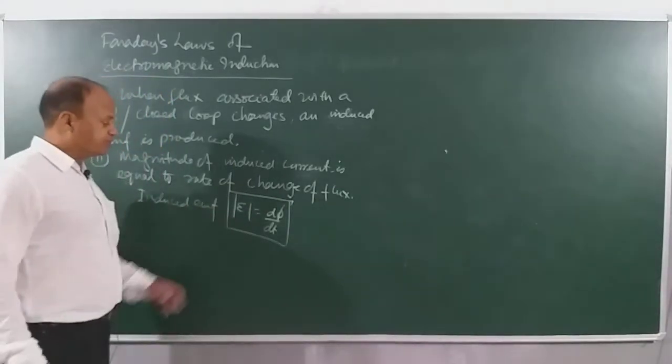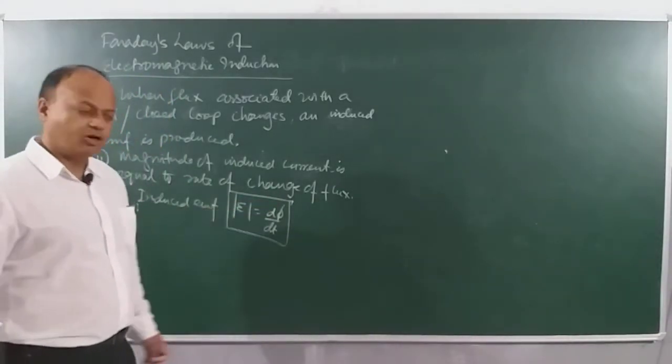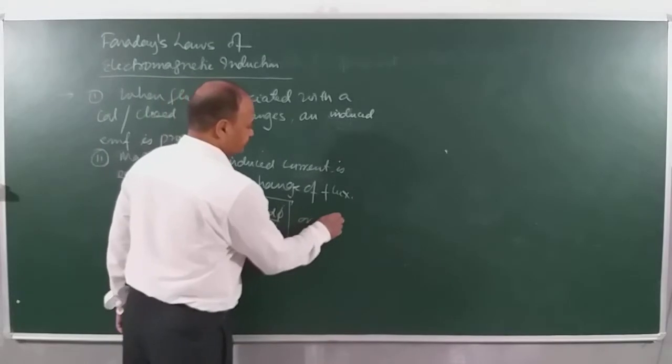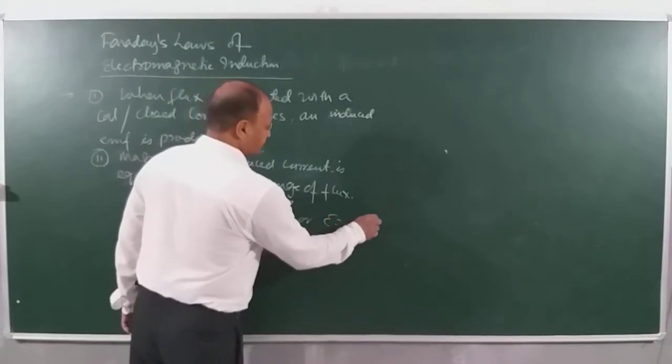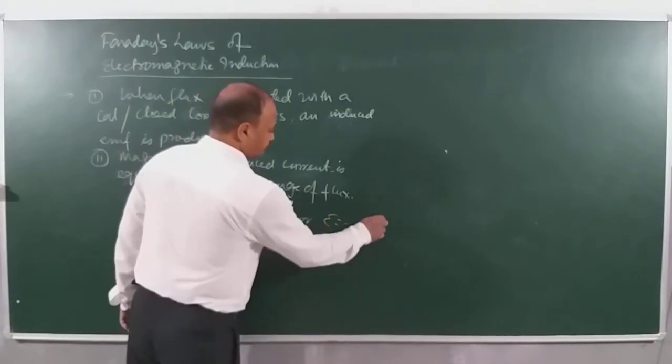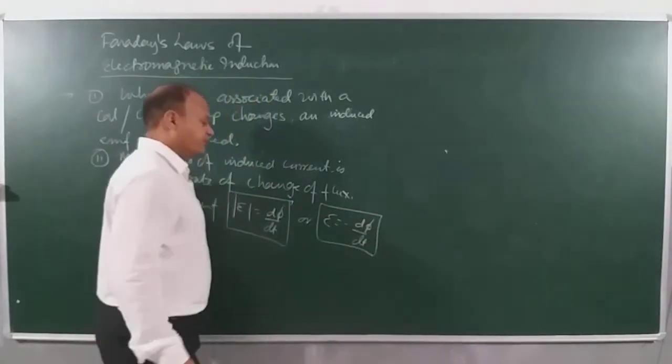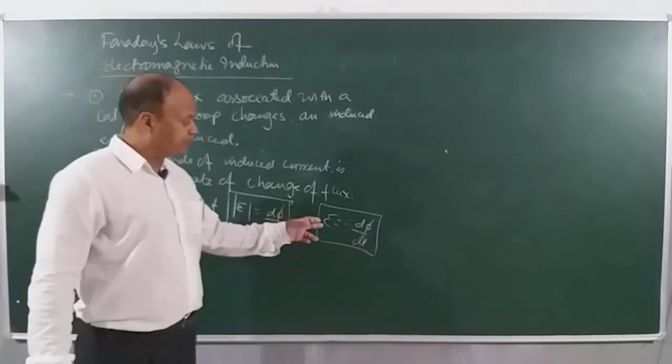Magnitude of this induced EMF is d phi dt, or E is equal to minus d phi dt, or induced EMF is equal to the negative of the rate of change of flux.